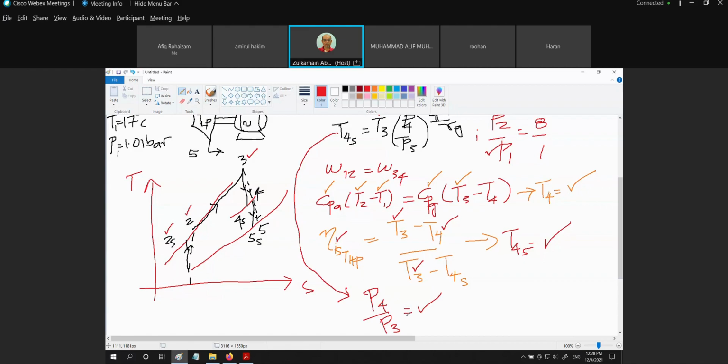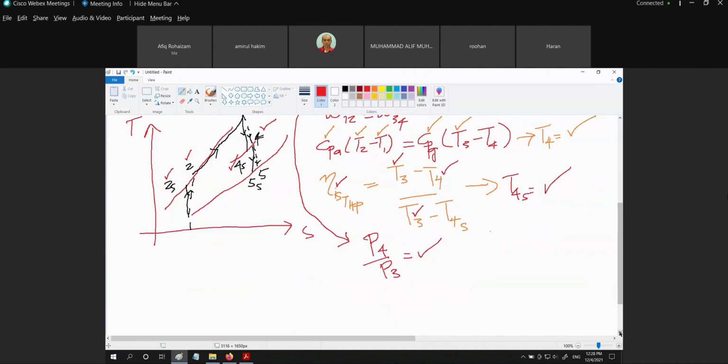Right? So, we look again. We have solved this 4S. Now, we need to solve next. What do you think we need to solve? 5 or 5S? Which one? 5S. Are you sure 5S? Okay, let us look.